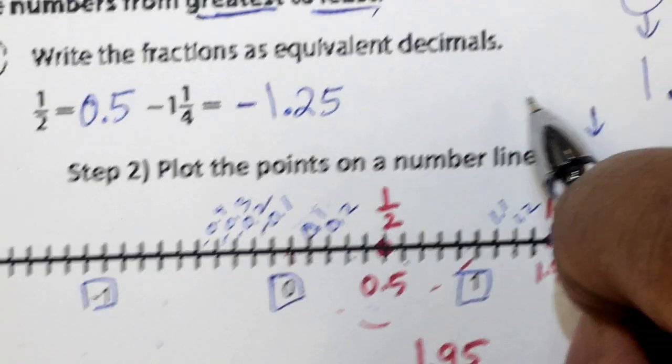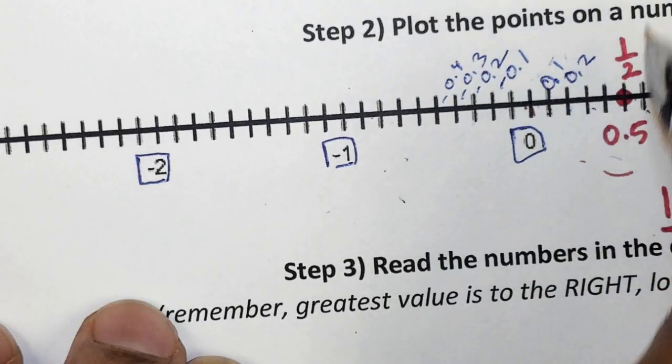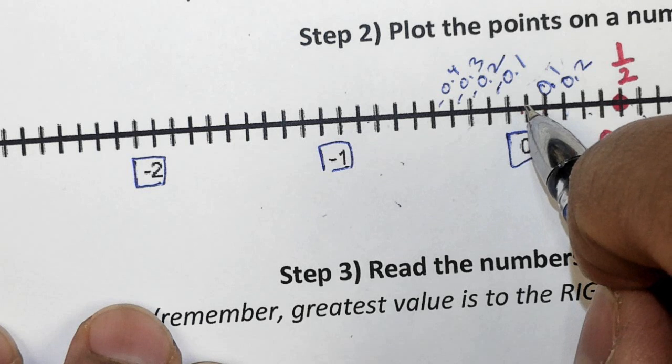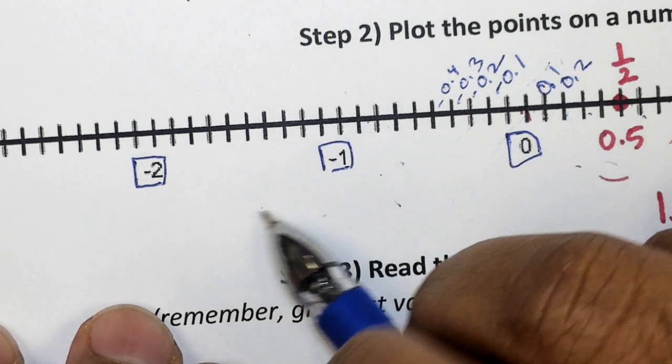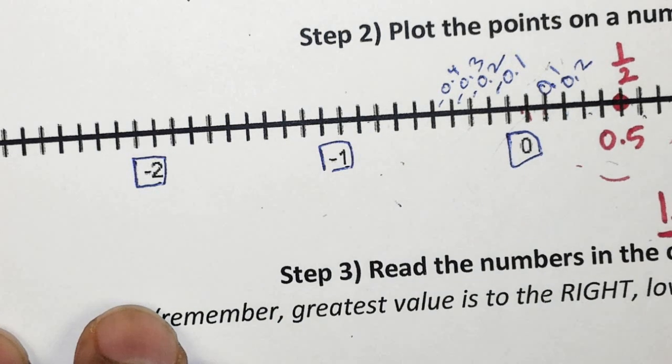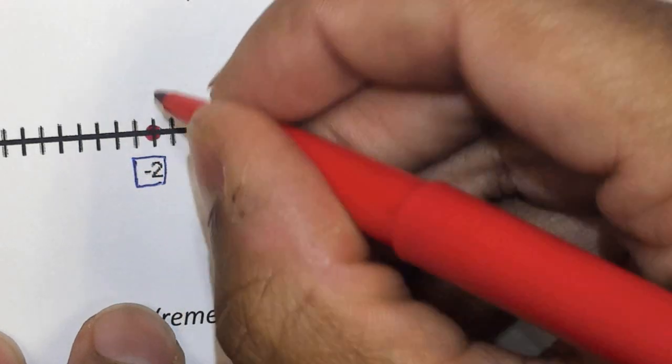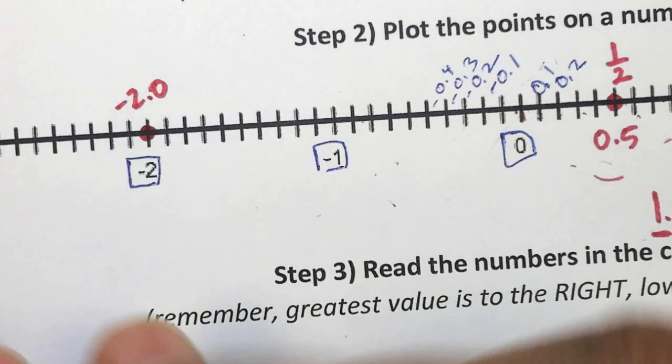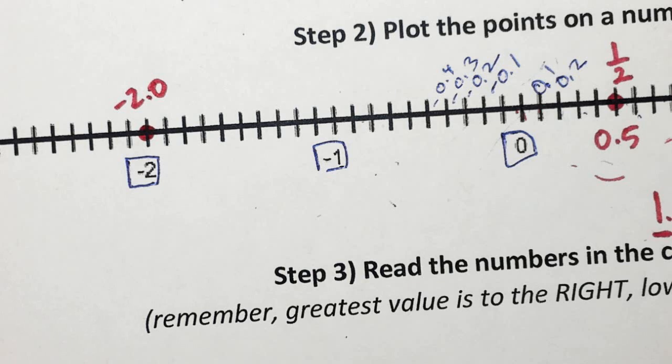Now, let's graph this number. So I had negative 2.0, or negative 2 and 0 tenths. So I move 1, 2 whole spaces, and then 0 tenths spaces. So negative 2.0. Now for the next one, negative 1 and 1/4.